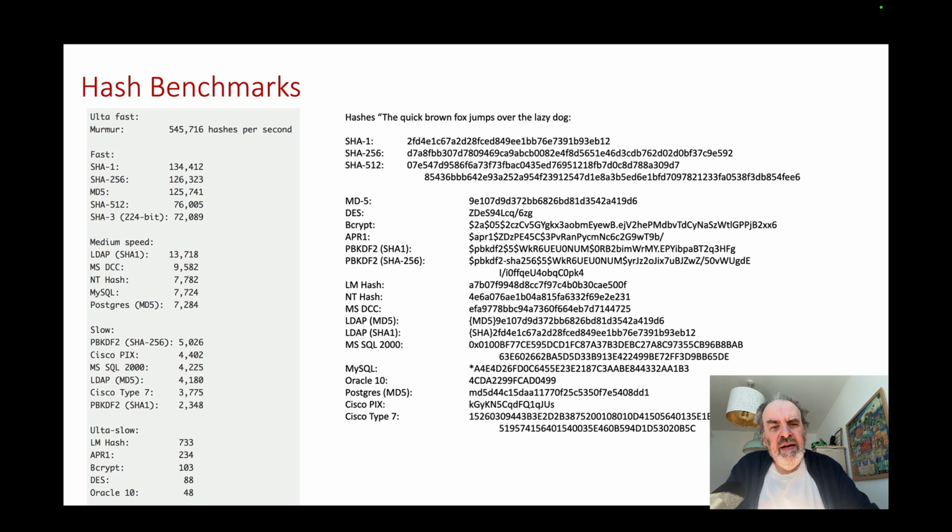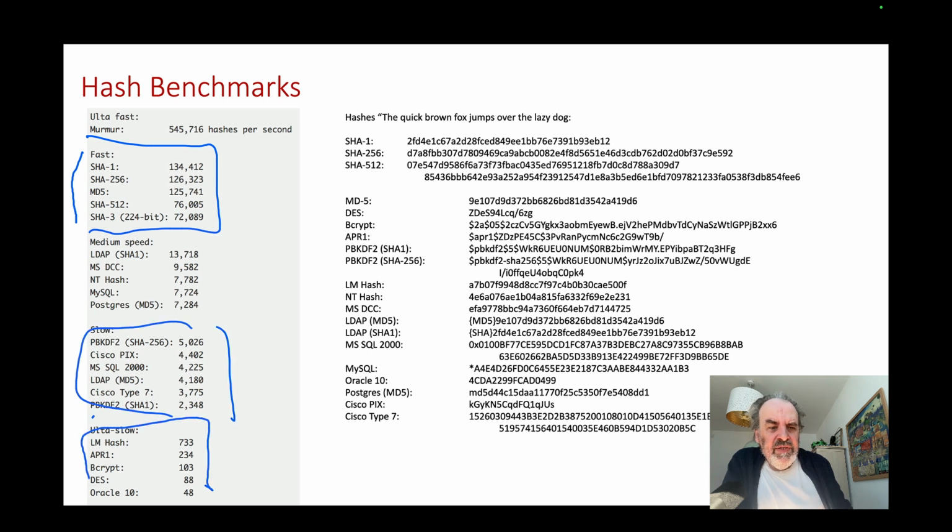And then we get the different speeds when it comes to the hashing methods. So these here are the fast methods, SHA-1, MD5 and so on. And then we get slow ones and then ultra slow ones. As we'll find, the slow ones are usually used for key derivation functions because we want to slow down the process of cracking a hashed password.